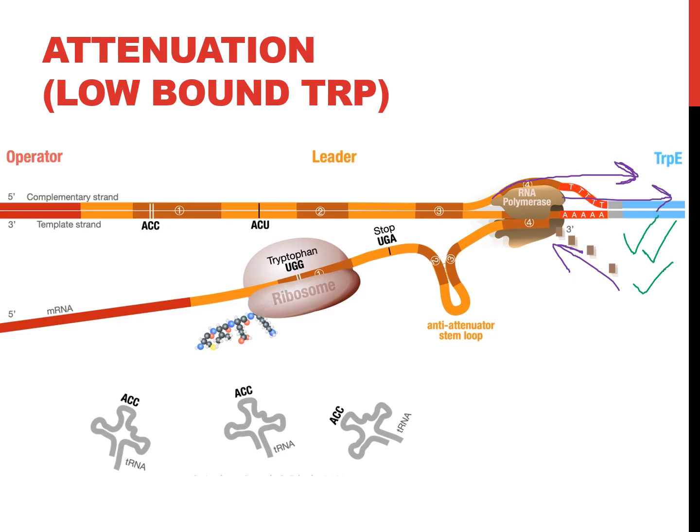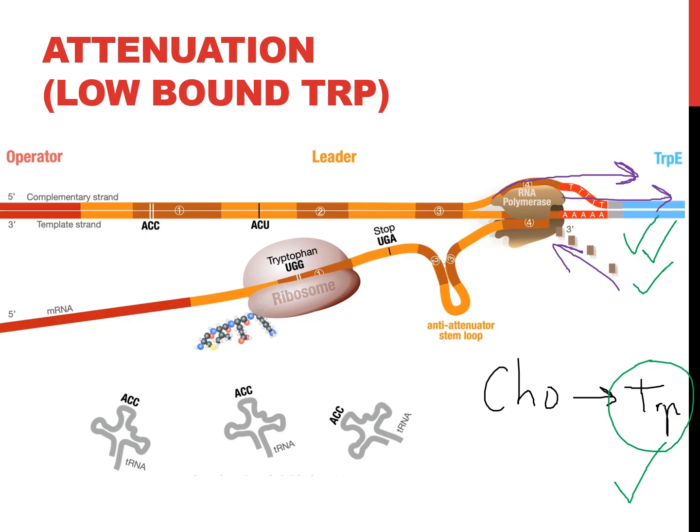Structural genes are then transcribed. All right, and what do we get from that? We get chorismate turning into tryptophan. Okay, and there you go. Tryptophan is finally made. It might be energy expensive, but in this case, the cell needs it.